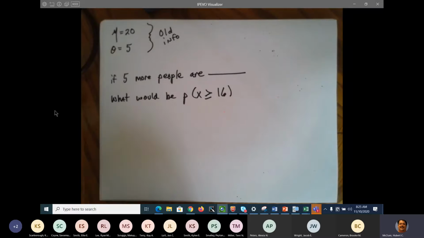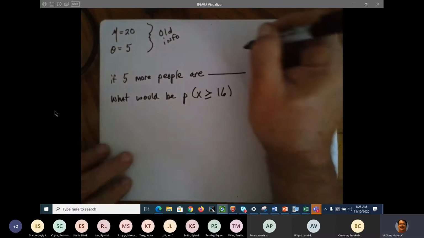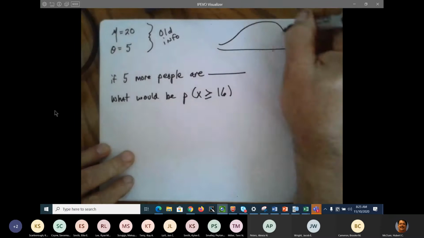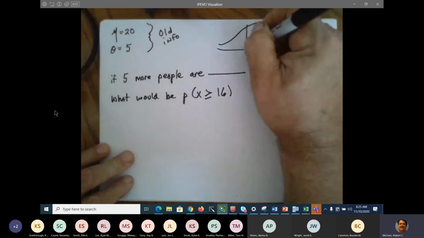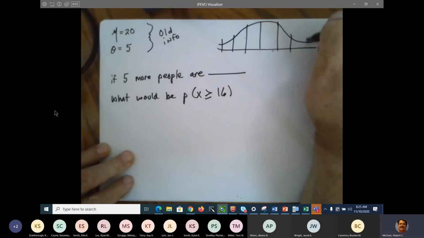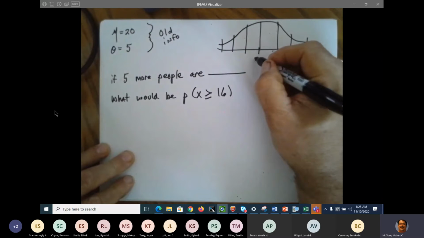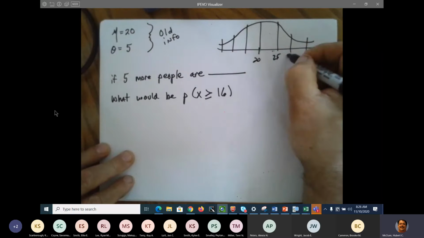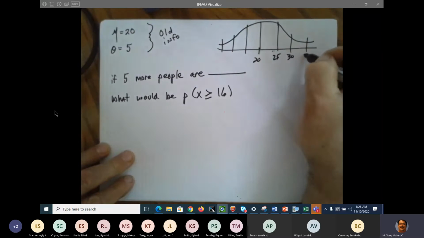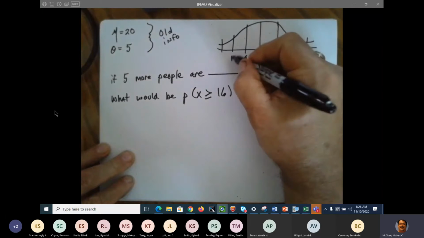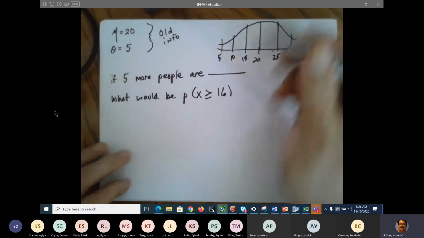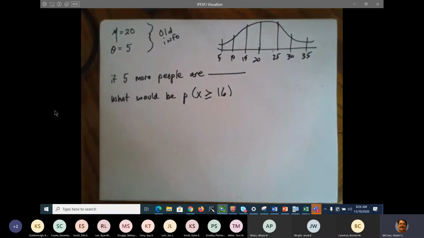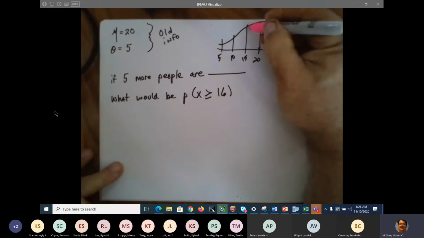All right, and we draw our picture over here. 20, 25, 30, 35, 15, 10, and 5. And we redraw our 16 right there.